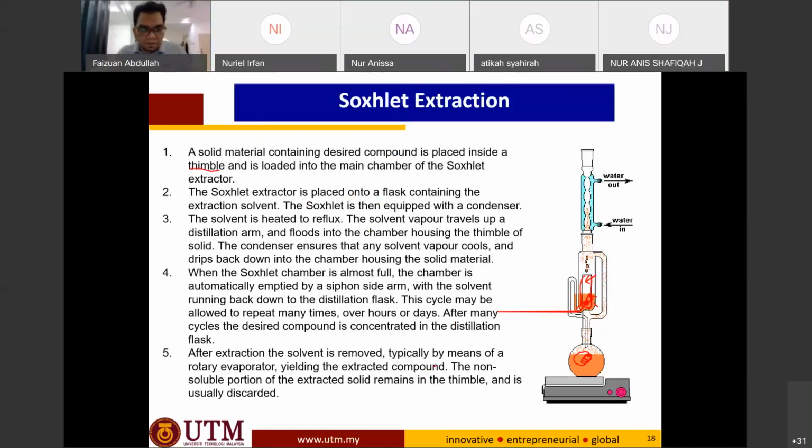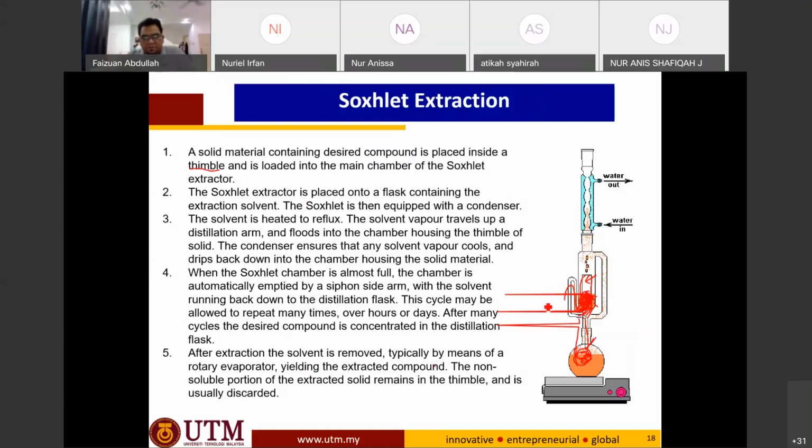Okay, and then the solvent vapor travels up the distillation arm and floods into the chamber housing the thimble of solid. Okay, the solvent will evaporate and flood around the thimble, so that the solvent will extract out. Hopefully, the solvent will extract out all the analytes and go back again into the round bottom flask, and the process is repeated, okay, again and again.